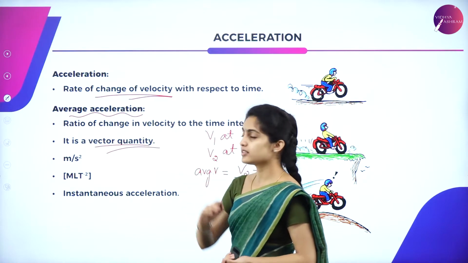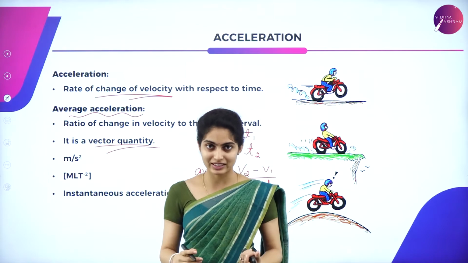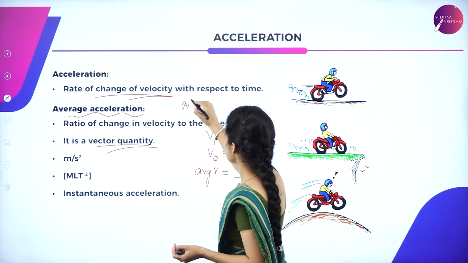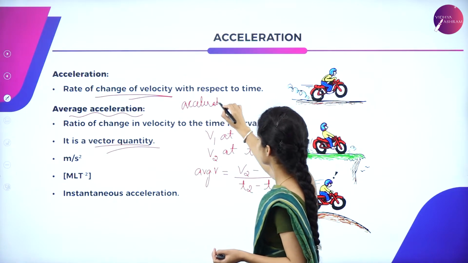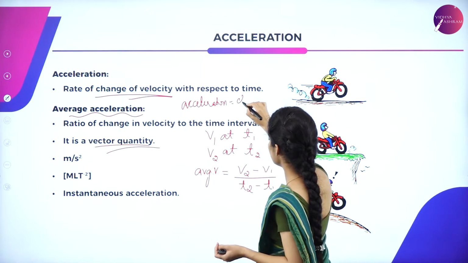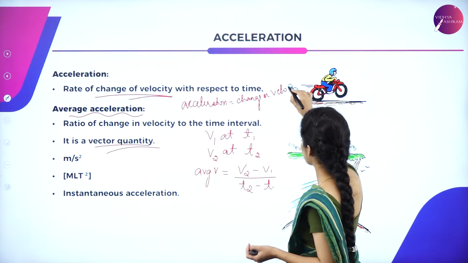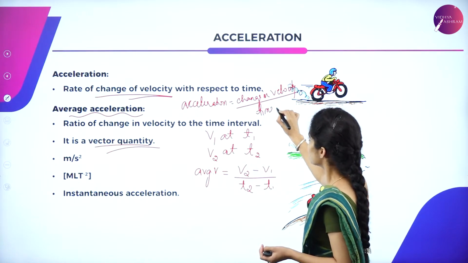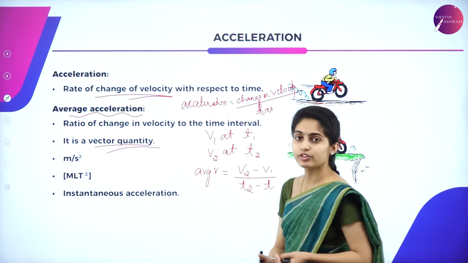So what is the SI unit of acceleration? So you have acceleration is equal to change in velocity with respect to time. So when there is change in velocity with respect to time, how can you give the SI unit?